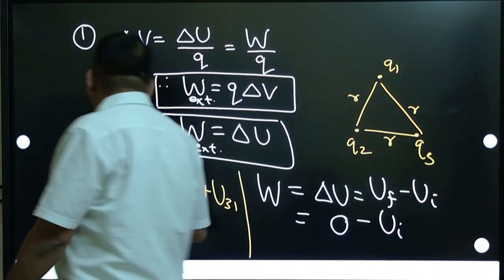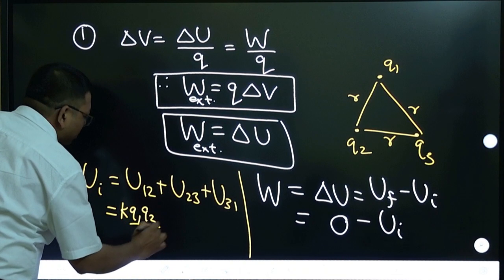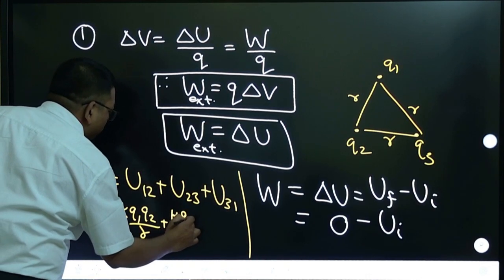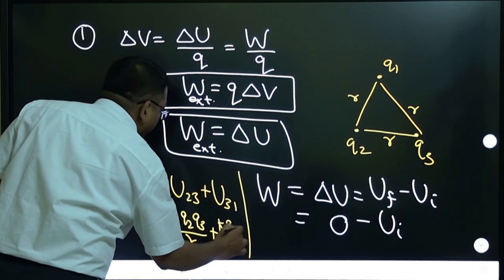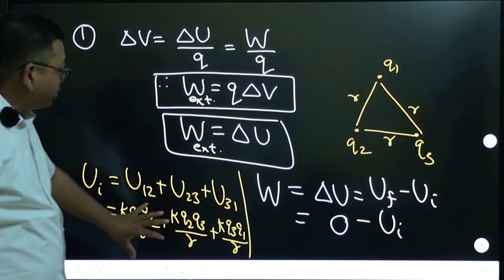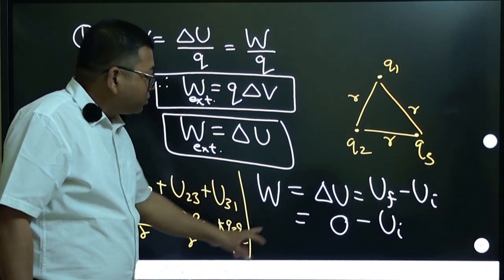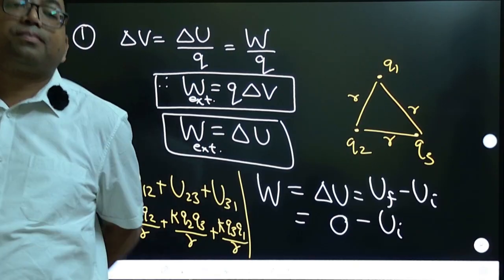This u12 will be k q1 q2 by r, this will be k q2 q3 by r, and this will be k q3 q1 by r. All the distances are the same. This is the initial potential energy of the system. Put a minus sign with that, and it will give the work done. Clear?